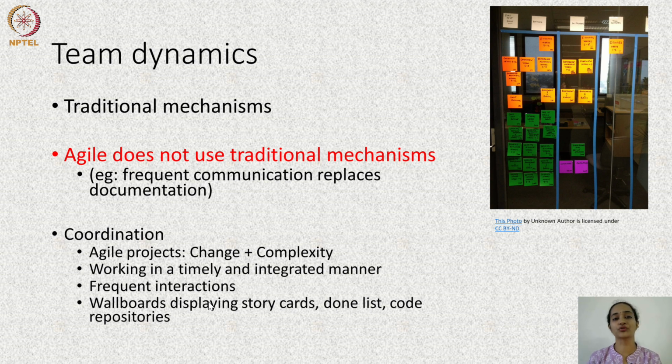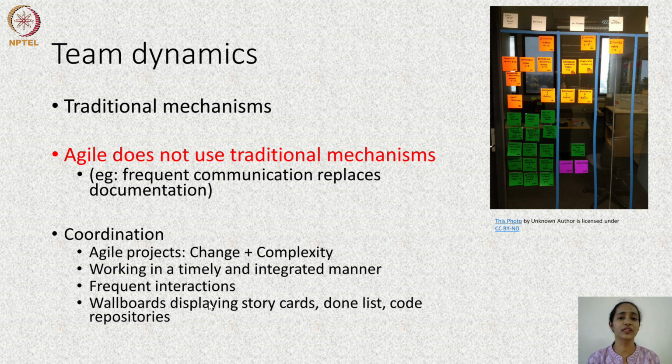Now we move on to team dynamics. Researchers and practitioners have been studying traditional teams for a long time, and looking at how effective traditional teams work, they have come up with different kinds of theories which help the teams to manage their work so that they are effective.